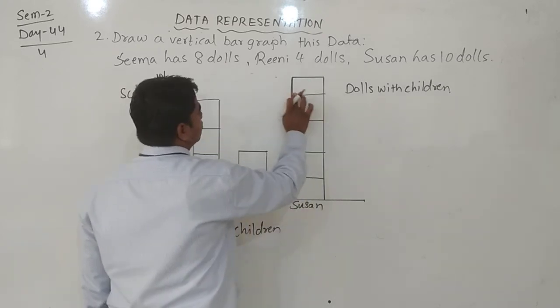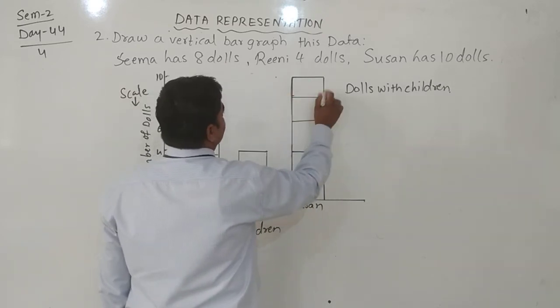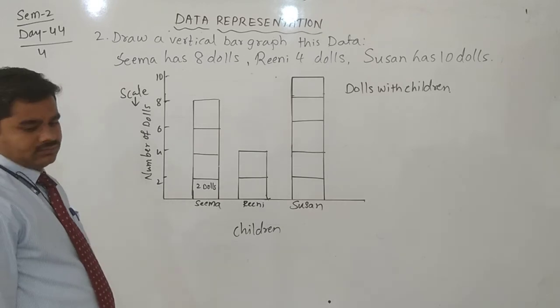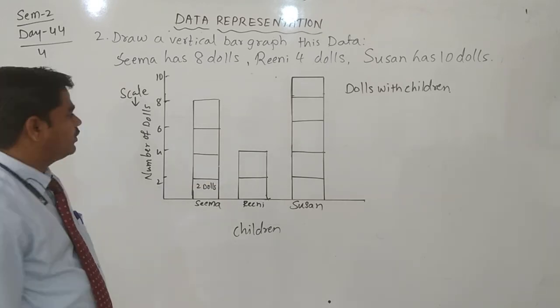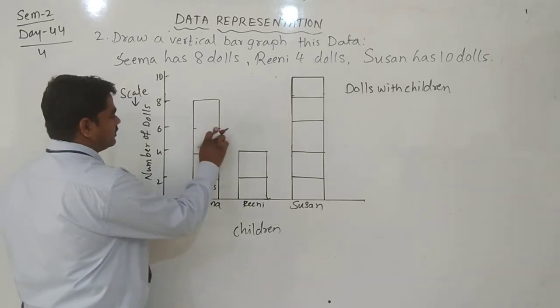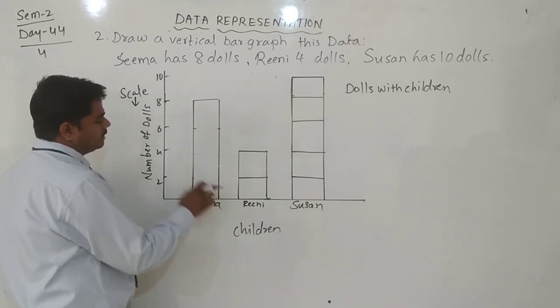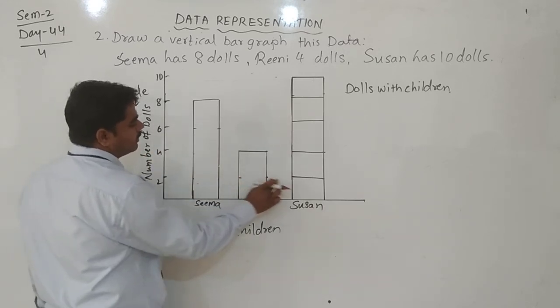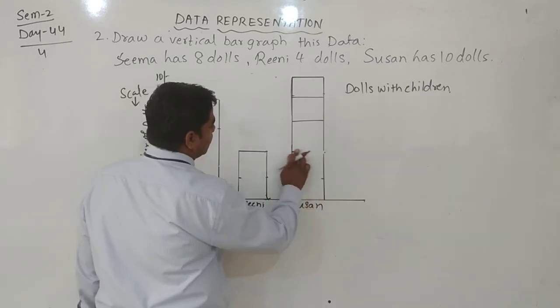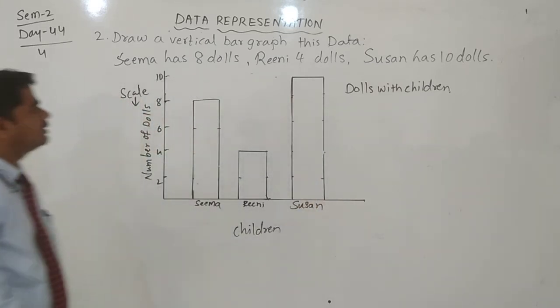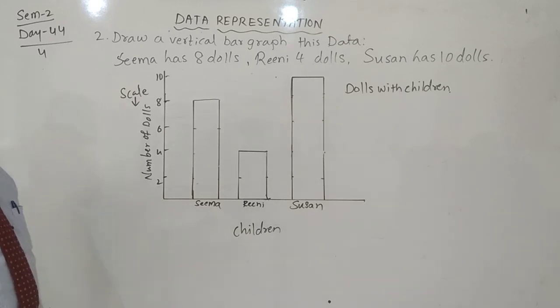This is vertically shown. You can skip some bars; we can draw only one. Numbers of dolls are given here with the scale. Yes, this is the answer for the given question. Write down this one.